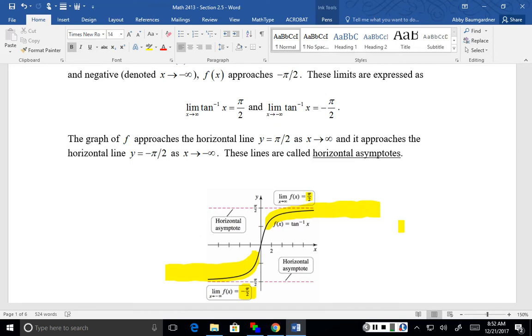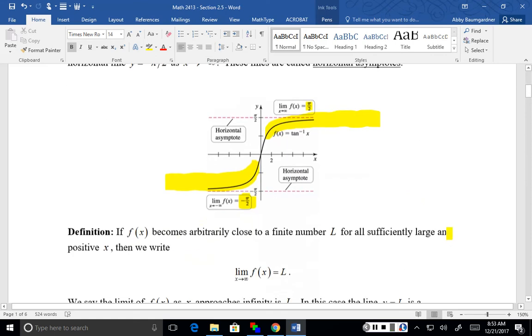However, if you're finding a limit at infinity and the answer is numerical, then yes, it is a horizontal asymptote. So since that says pi over 2 rather than an answer of, say, negative infinity, we know that this is a horizontal asymptote. If your answer is a number and not a symbol, then it's a horizontal asymptote. But that is only happening if you're finding limits at infinity.